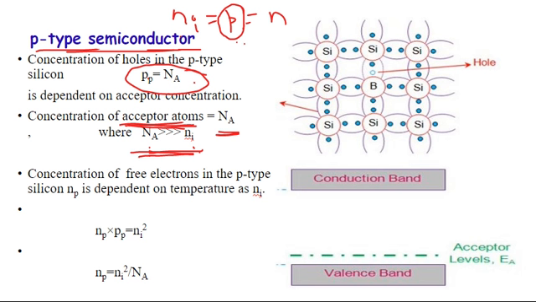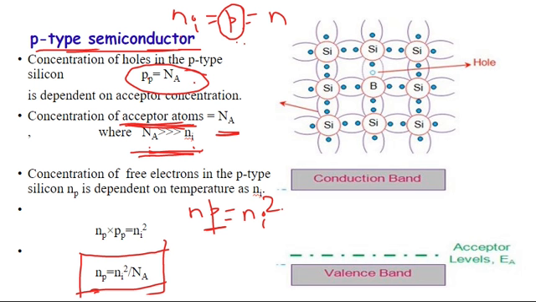Next, we can also find a simple relationship as before. We use the same formula, Np is equal to Ni square, and by substituting P is equal to Na, we get the concentration of electrons, Np is equal to Ni square divided by Na.